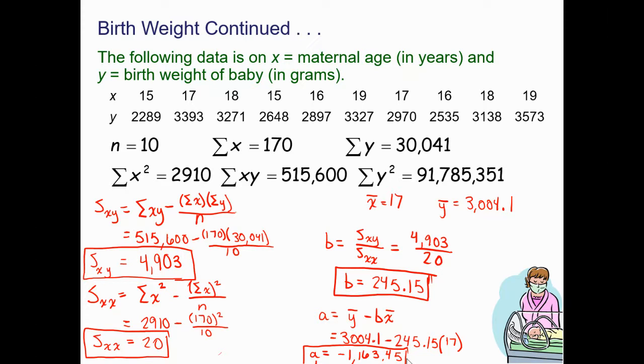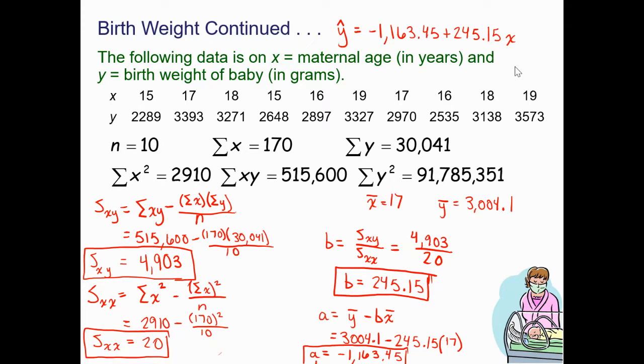Then it says the estimated regression line is blank. I'm going to write that up here at the top. And we're going to have our intercept comes first. That's our A. So negative 1,163.45 plus 245.15x.